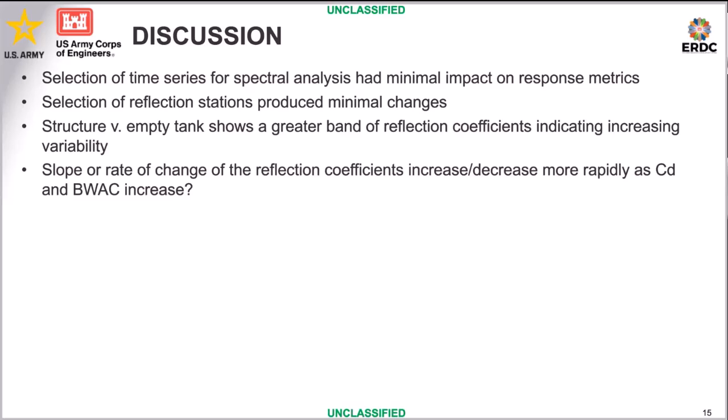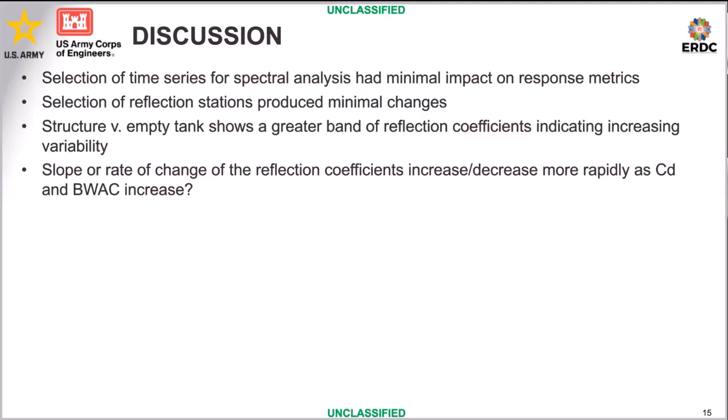We investigated a few different cases where we take the whole time series, or just the back half of the time series, where you would anticipate more of a steady state, and the same time slice for each station in the file, whether it's closer to the wave maker, closer to the end behind the structure, or in between.